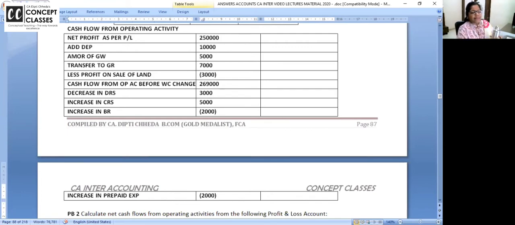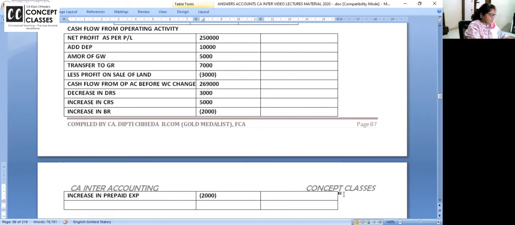This is little time consuming, and only this is also asked for 8 marks. So once you have a grip, then we can go little fast. कितना आ रहा है? Cash from operating activities 269 plus 3,000 plus 5,000 minus 4,000. 2,73,000 is the answer.